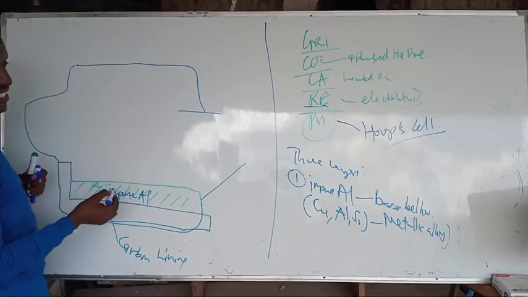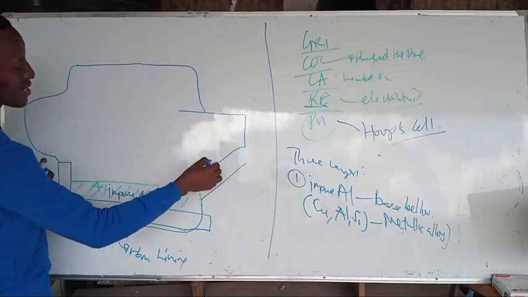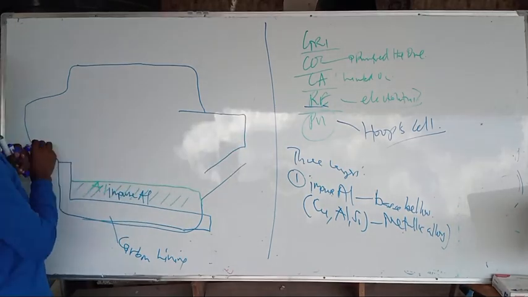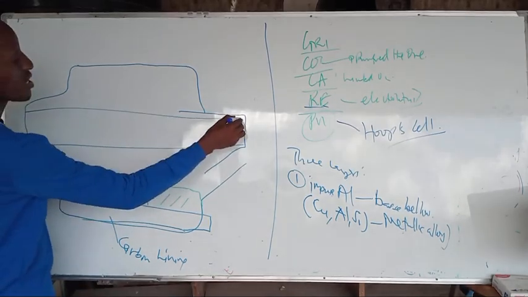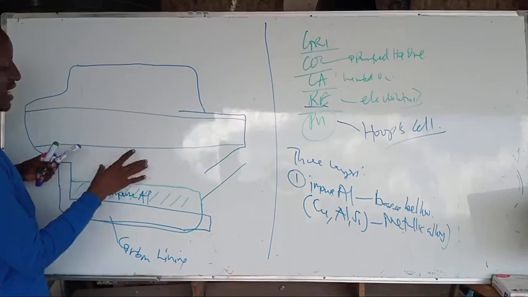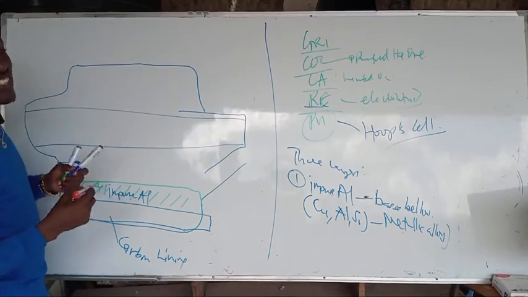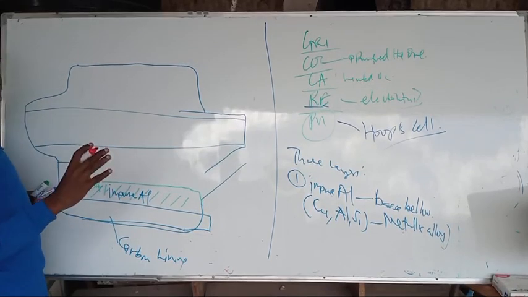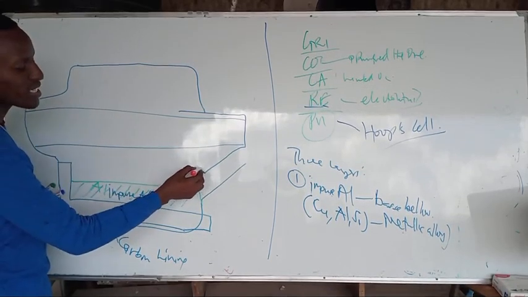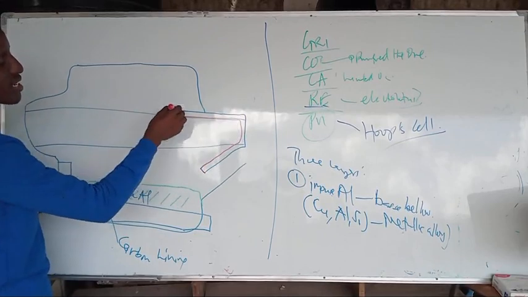So we have this second layer. This one contains those reagents to reduce the melting point and to increase the conductivity.